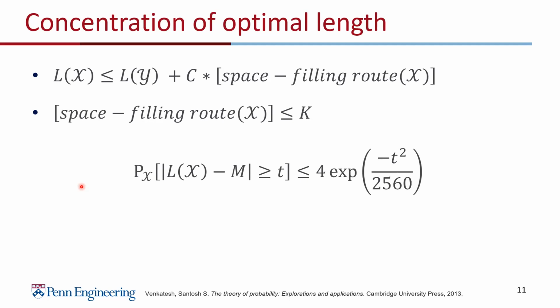M is the median of the length of X. You could hope to somehow get this M through L of Y in the analysis part. The more interesting fact here is the decreasing rate: the upper bound is independent of the number of city locations. So whatever number of city locations you have, the length of the optimal route is going to be very close to the median.